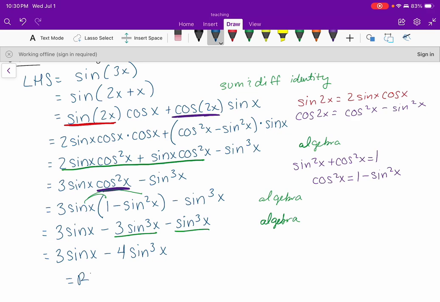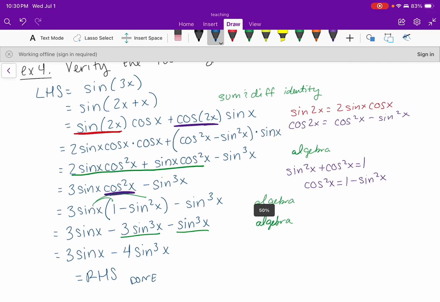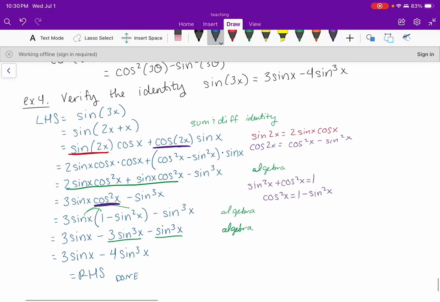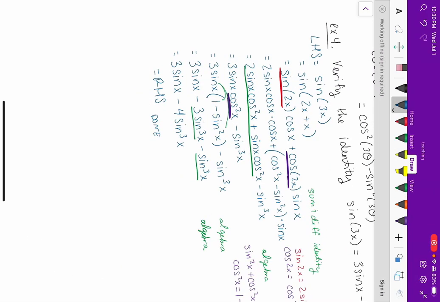This is equal to my right-hand side, so we are done. I'm going to zoom out a little bit so you can see the whole thing. This is a pretty hard verifying in my opinion. You know, it needs you to do a lot of identity replacements. You got to be pretty creative with this one.